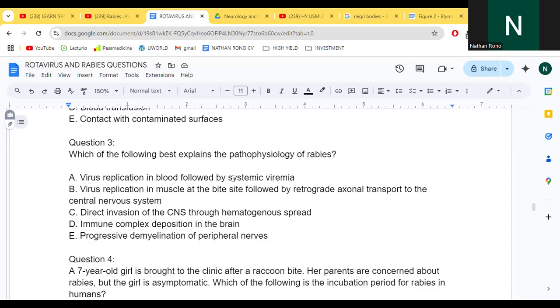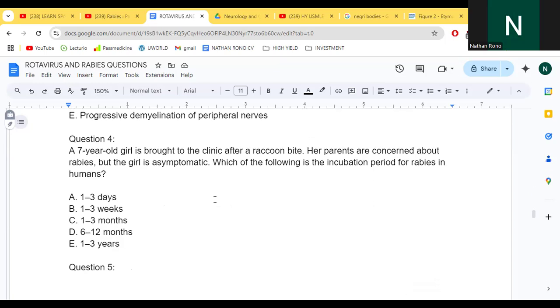B, good. Remember when I explained the pathophysiology? It will replicate at the muscle, then retrograde transport to the CNS, then anterograde to other tissues.